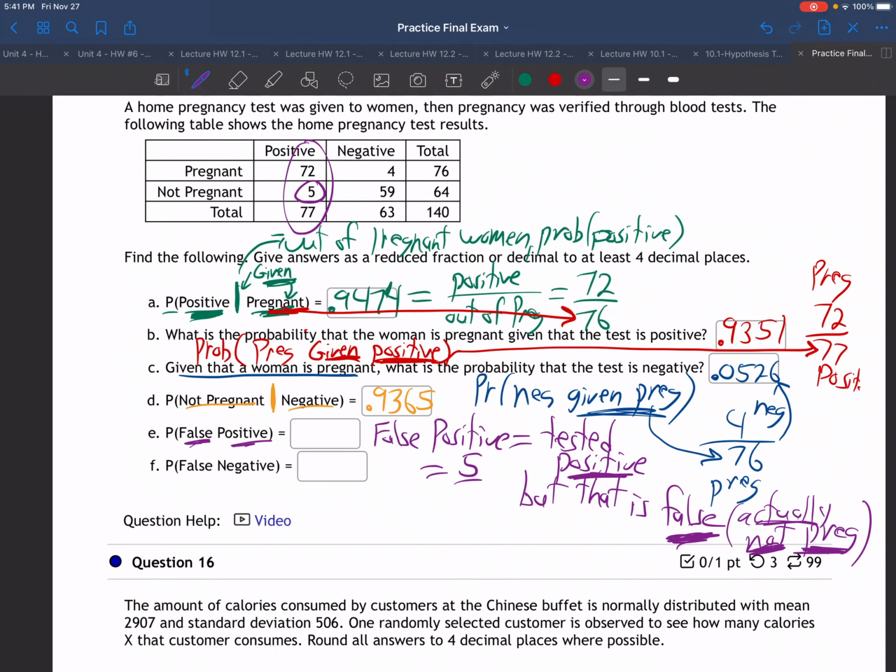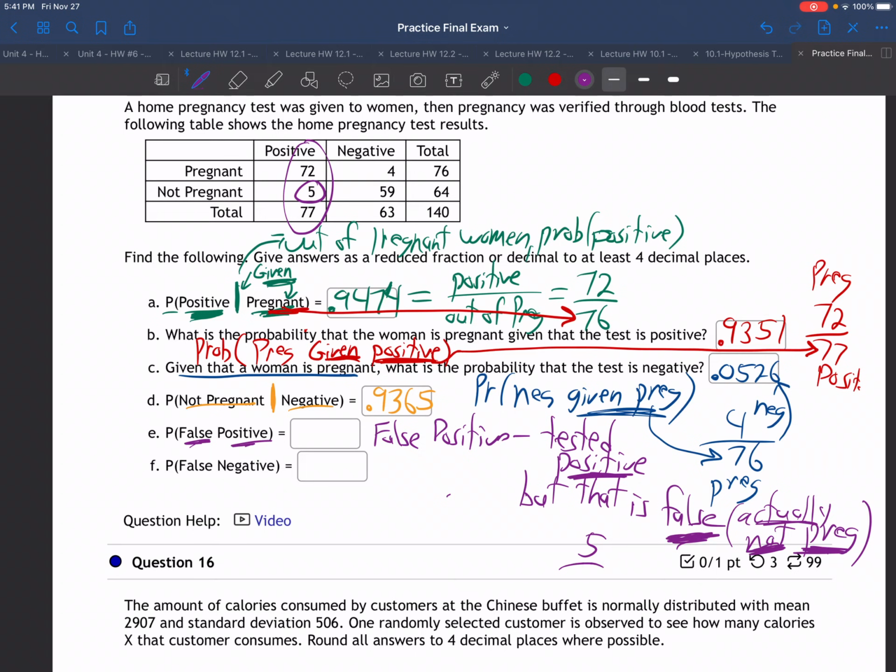It's 5 out of 77. Do you see that? Because we're talking about a positive result. So it's one of those 77 women, and out of them, what chance it's false, meaning they're really not pregnant. Do you see how I got it? I'm kind of running out of room here. Let me do it right here.